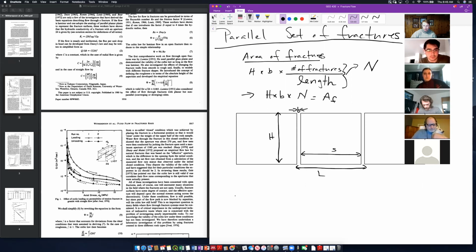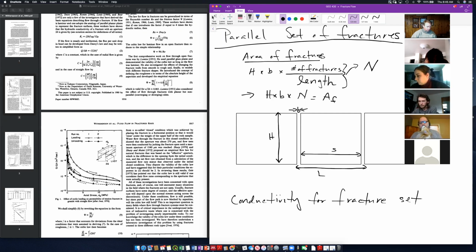So now my conductivity for this set of fractures, or my flow, let's do it this way. Darcy's law for a fracture set.